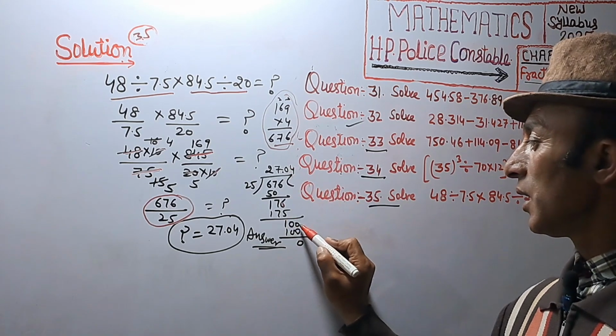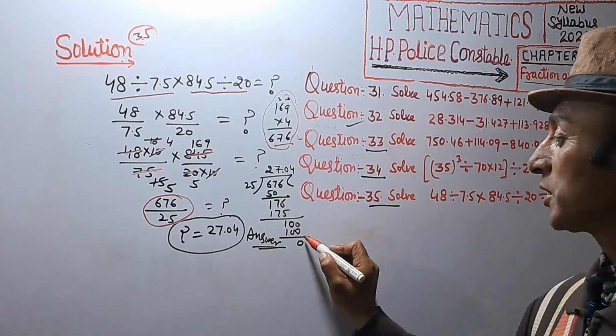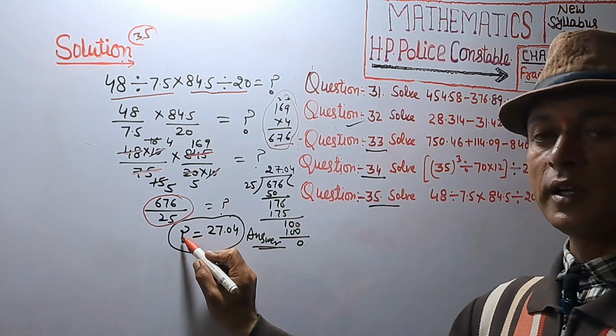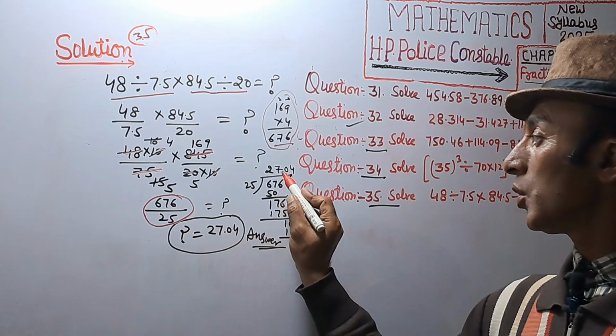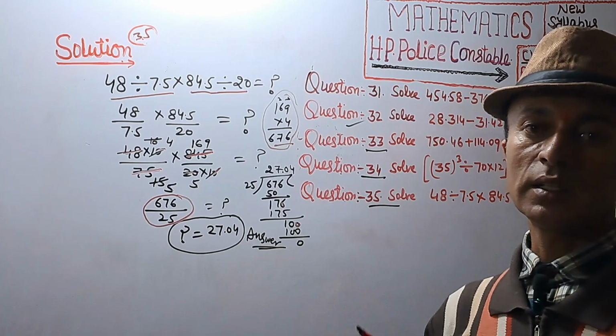Once again, then this will be 100, and 25 divided by 100, 25 4s are 100, and we get ? equal to 27.04. Answer. Thank you so much.